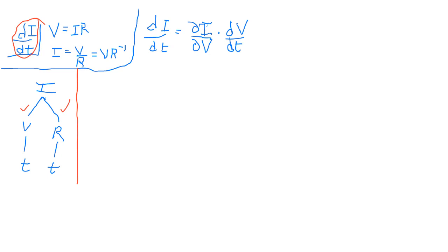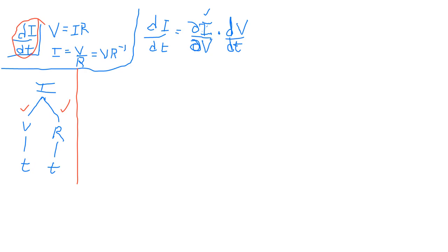So if we think about the rate as current varies with the voltage times the rate at which voltage varies with time, and these are partial derivatives here, but these are just regular derivatives because voltage is a function of one variable.